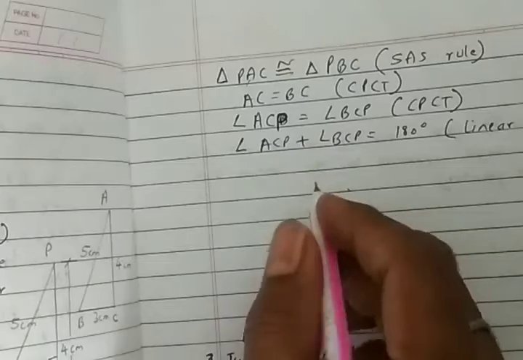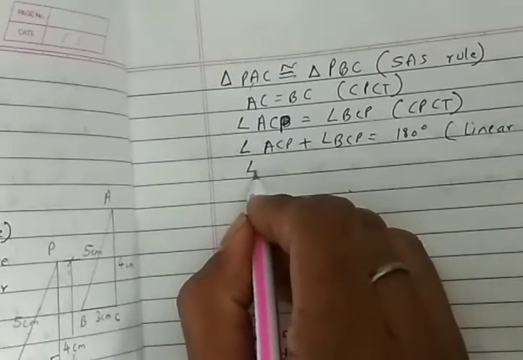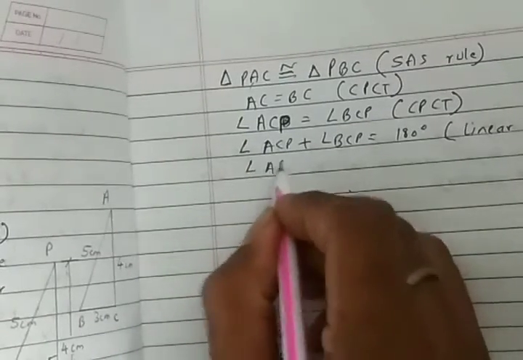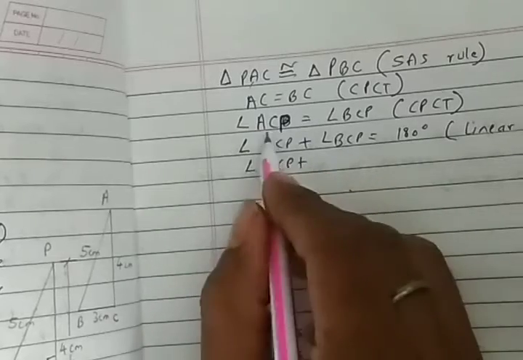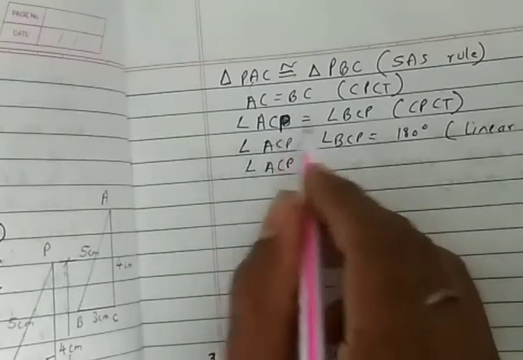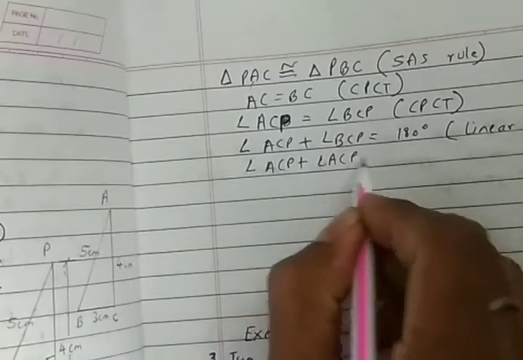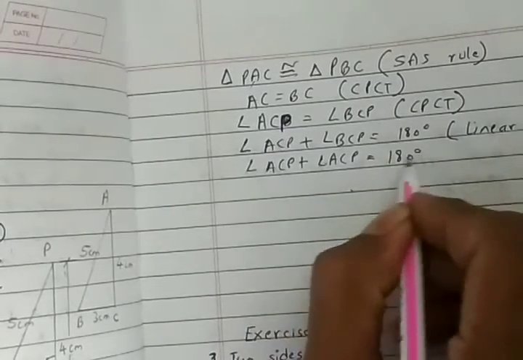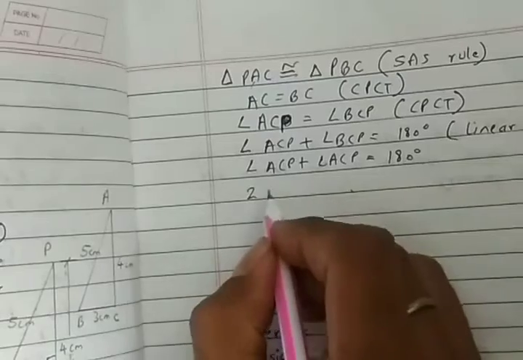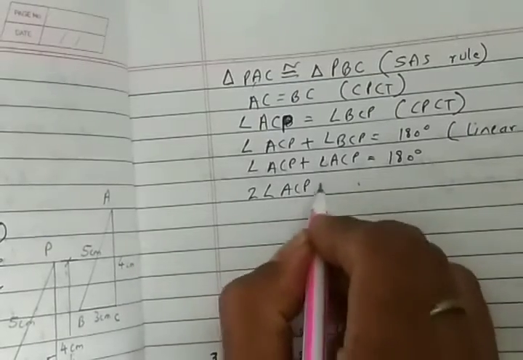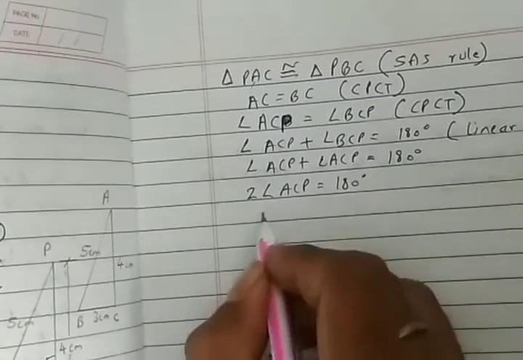Now here this BCP is equal to ACP, so we can replace BCP by angle ACP. This will remain as it is, so this is 2 times angle ACP equal to 180 degrees.